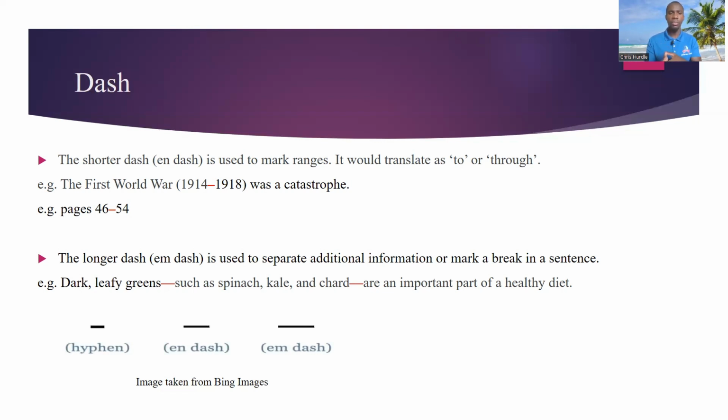The en dash is a bit longer than the hyphen, and it is used to mark ranges. And finally, we have the longest, which is the em dash, and that is used to mark breaks in a sentence or to introduce or separate additional information, right?